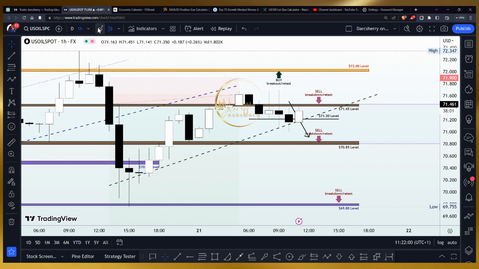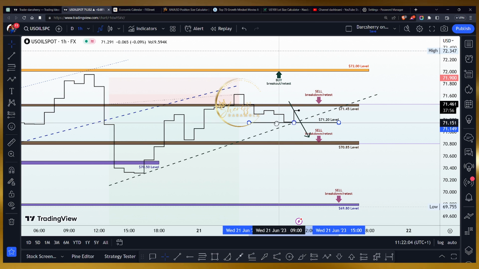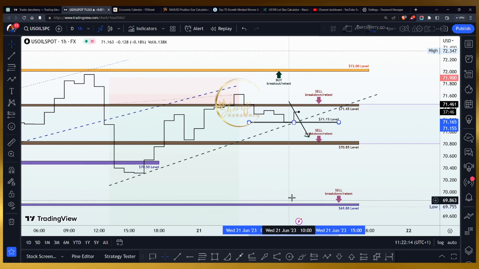And to help us guide that opportunity, I want to do some readjustment here. So I'll be readjusting this key level at the $71.15 level. So let's label this one. So you want to mark this level out on your chart.